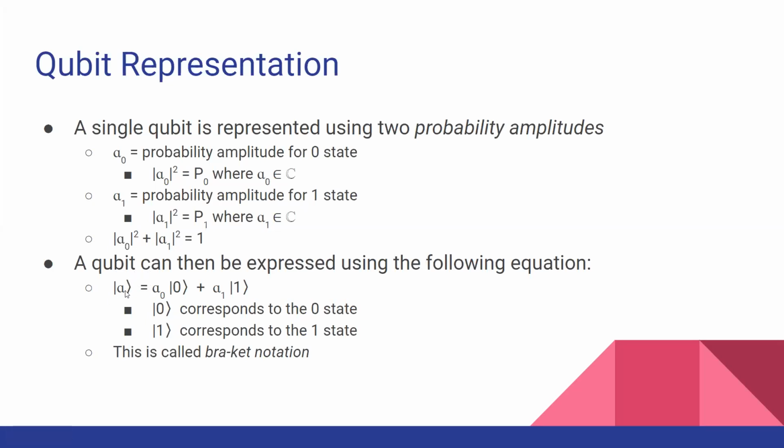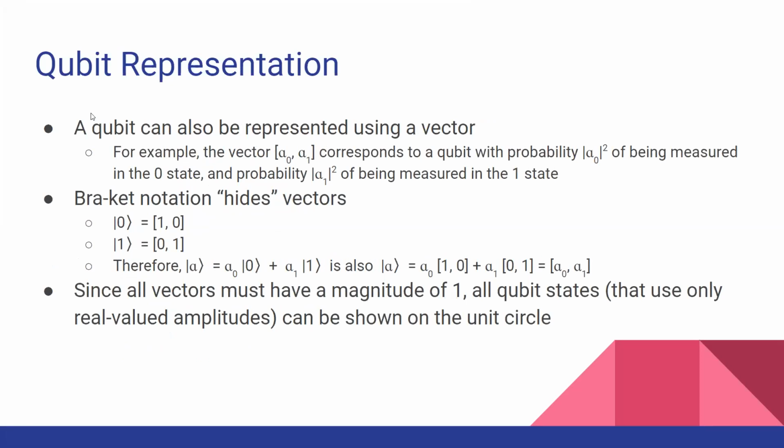So what this is saying is that the state of qubit alpha is equal to the probability amplitude alpha 0 times the 0 state, plus the probability amplitude alpha 1 times the 1 state. This is just the notation that's used, and as I said, 0 corresponds to the 0 state and 1 corresponds to the 1 state.